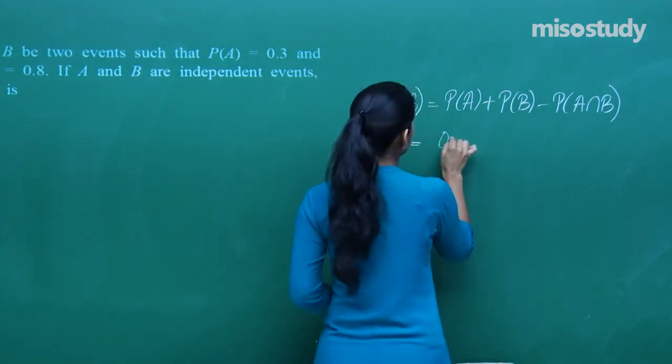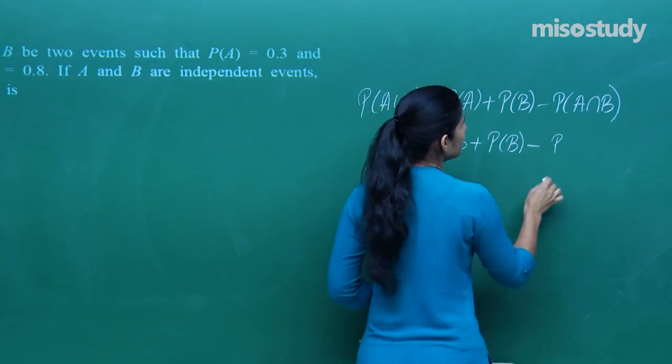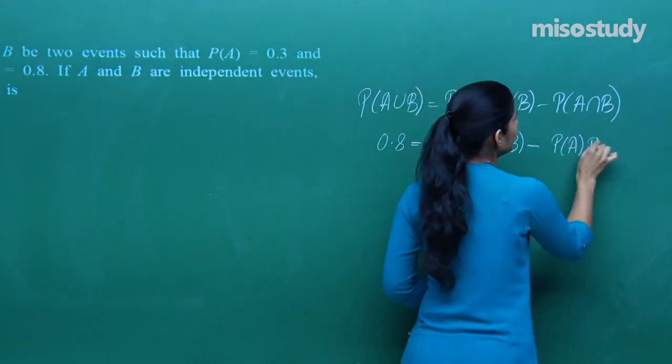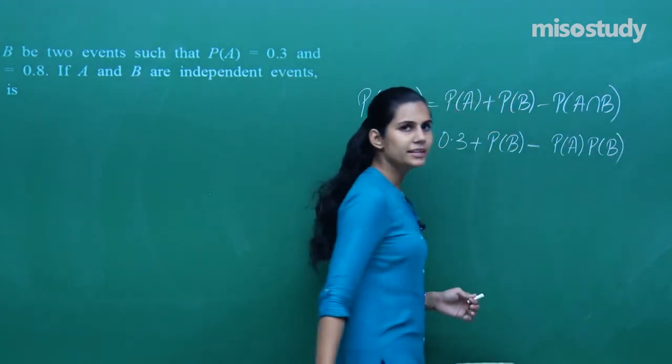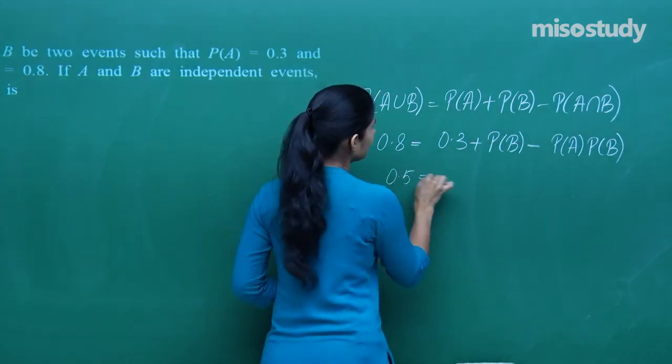Probability of A is 0.3. Probability of B you don't know. Probability of A intersection B is probability of A into probability of B because A and B are independent. 0.8 minus 0.3 gives you 0.5.